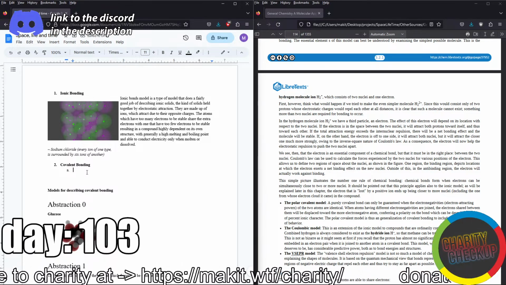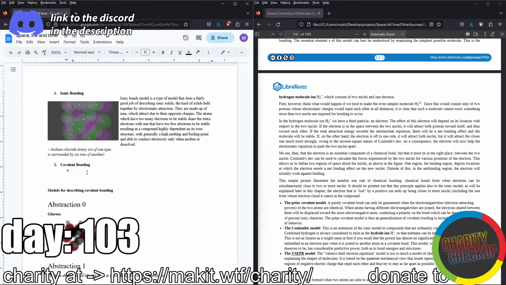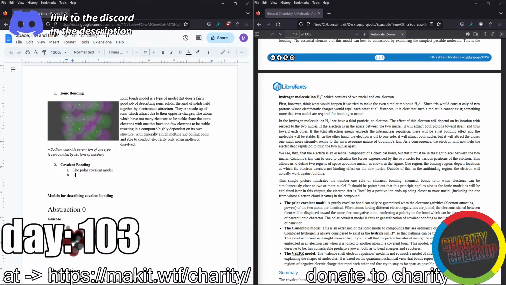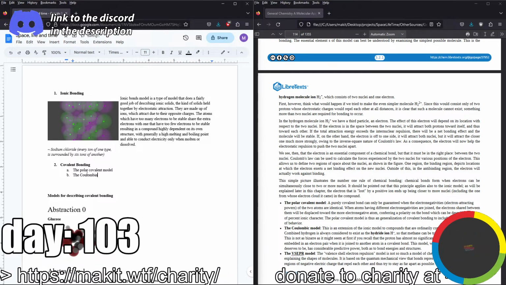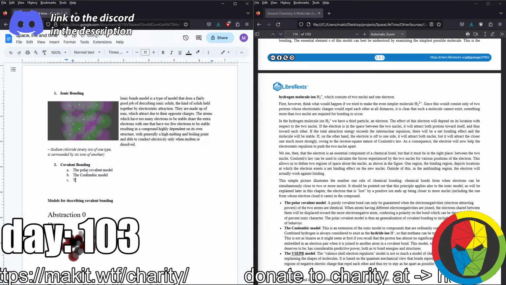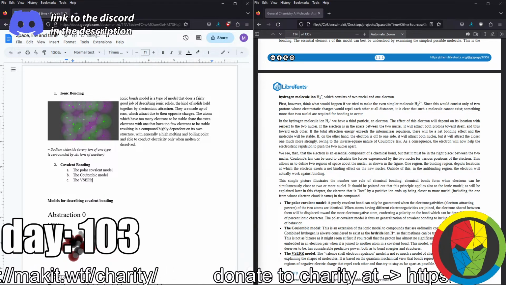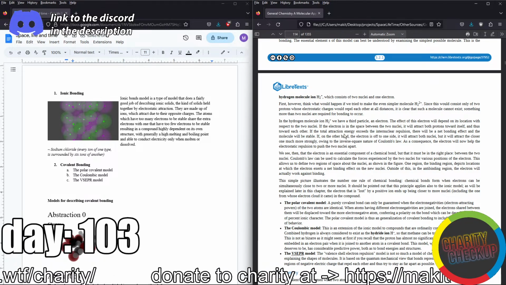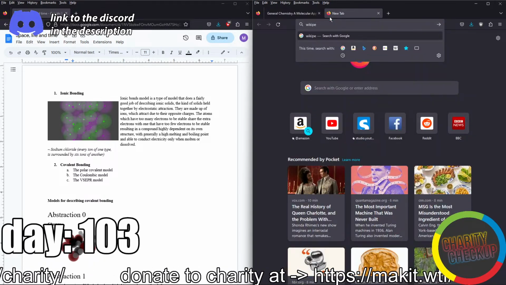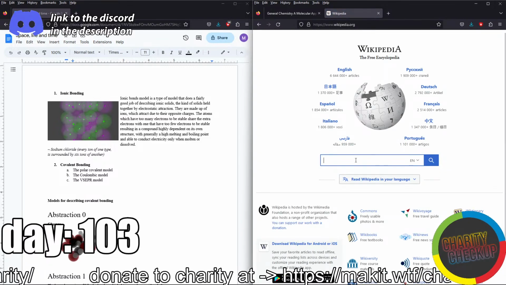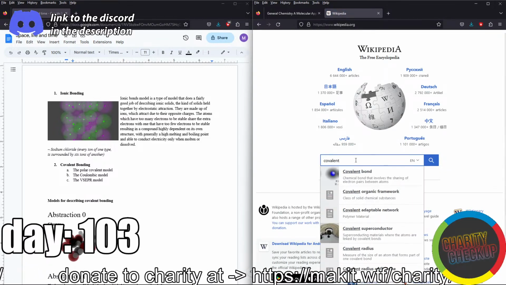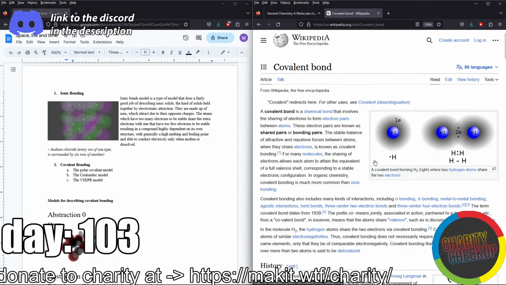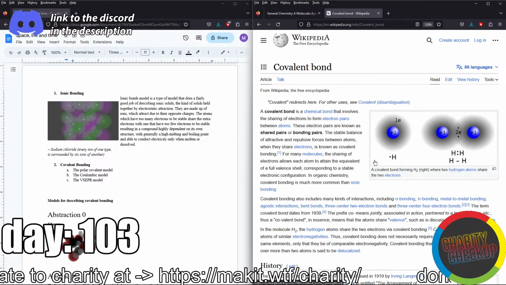So instead, we'll add 3 models. The polar covalent model, the Coulombic model, and the VSEPR model. Now, like this, but at the same time we should go to wikipedia.org and go for covalent bond. Yes, because Wikipedia just has a better explanation of what the covalent bond actually is.